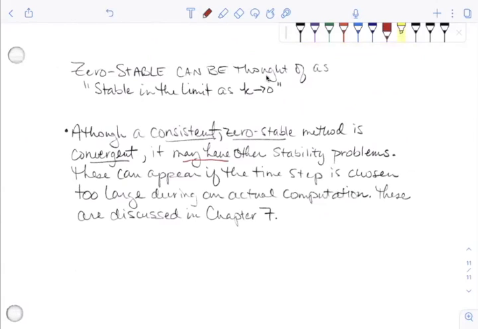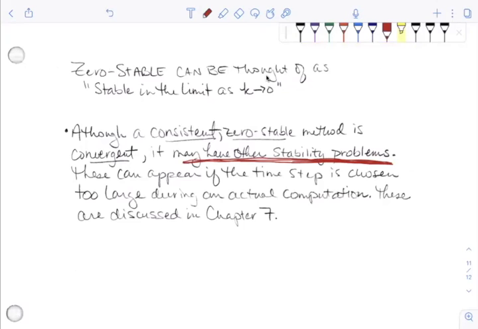This is not the only kind of stability. So you could have a consistent, zero stable method that is convergent according to Theorem 6.3, but you could have some other kinds of stability problems. And those can happen when you pick a time step that's too large.